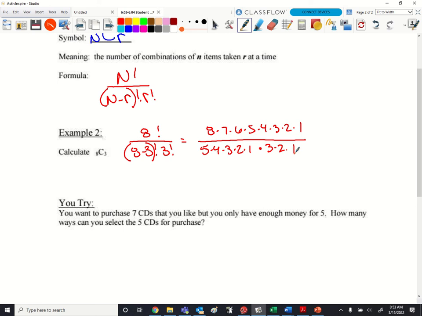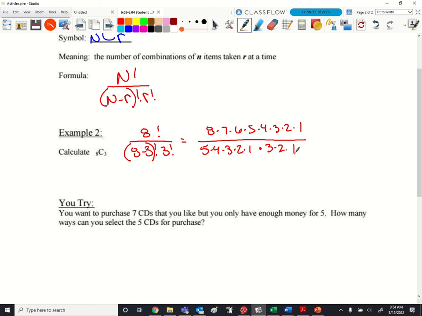Okay, so what's 8 minus 3? Outside of the parentheses of 8 minus 3, what's that exclamation point mean? Okay, so 8 minus 3 is five.